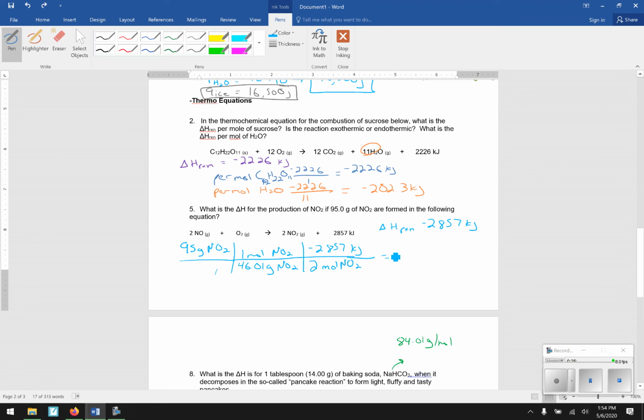It's rounded sig figs. You'll get negative 2,950. It's 3 sig figs. Negative 2,950, and that is the unit you have left, which is kilojoules.